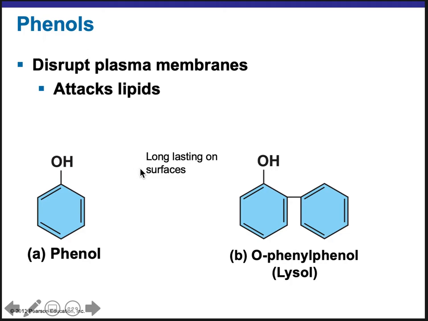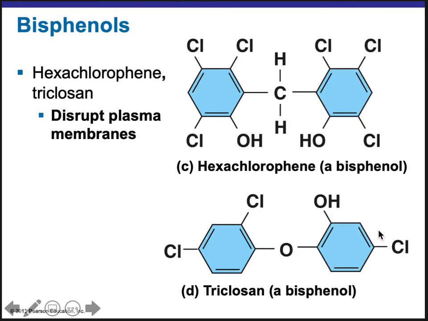It's also good because it can last long on surfaces, and so when we make a modification, we add another aromatic ring to it, and this is called O-phenylphenol. This is the active ingredient in Lysol, and so this is what is more commonly used today rather than actual phenol, and so this is called a phenolic because it's a derivative of phenol.